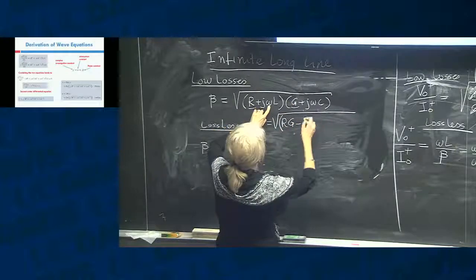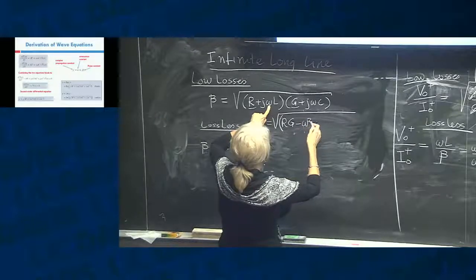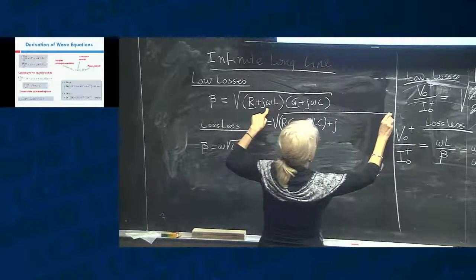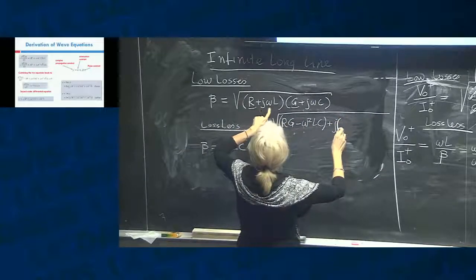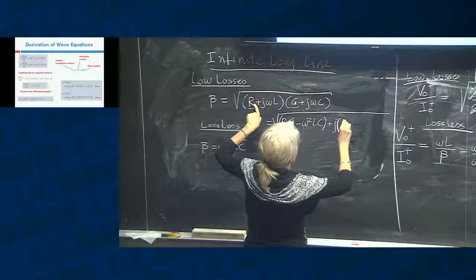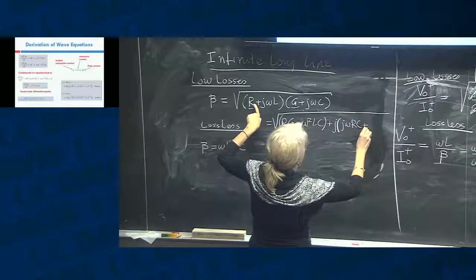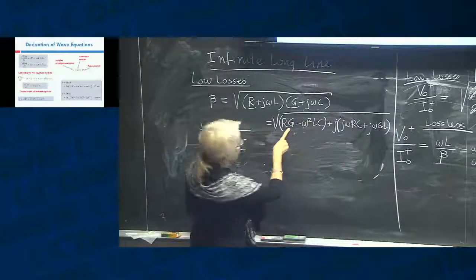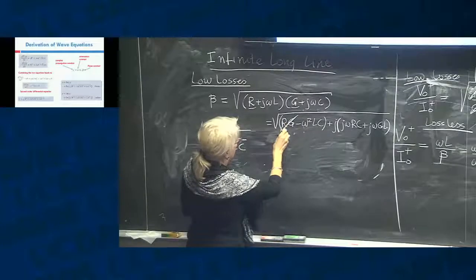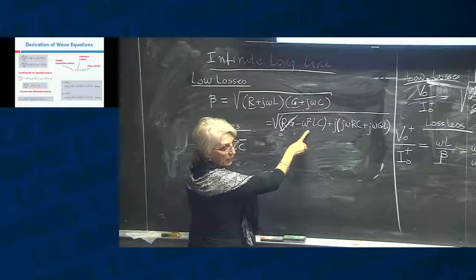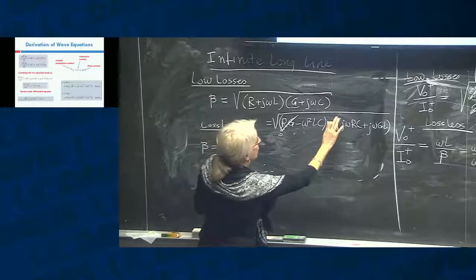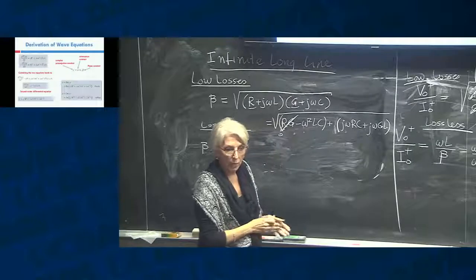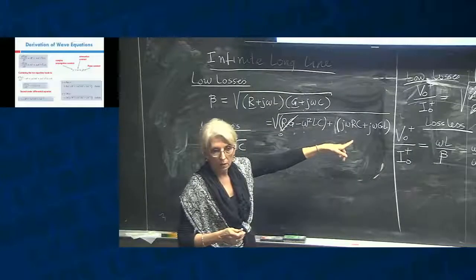The real part will be minus omega squared LC, and then inside I will have two imaginary components, j omega RC plus j omega GL. Now this is very small. You can remove that, so you only are left with this. But the imaginary components, I have the j in here, can be large as well, and you cannot ignore them.